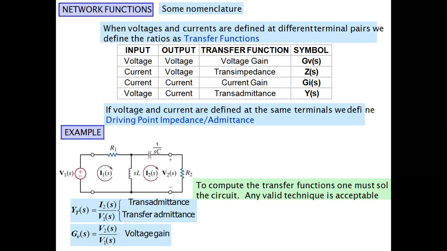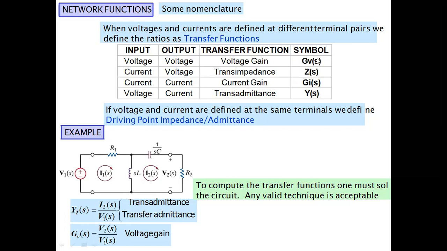If we are having any network functions, when we are having the values of voltage and current, these are defined at different terminal pairs. At that time, we can define that ratio as a transfer function. If we are taking the ratio of output voltage with respect to input voltage, we say that ratio is a voltage gain. If we are taking output current with respect to input current, we say that ratio is a current gain.